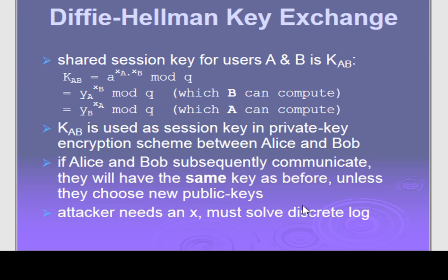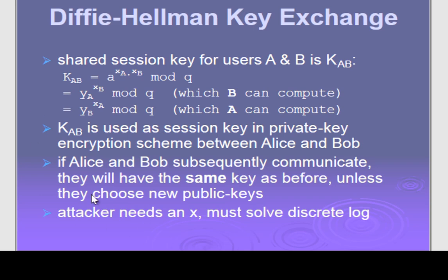Repeatedly, if they have to communicate, they can use the same session key which they have now distributed. But if they want to change, they can change the value of the public key and private key, the key also changes, and they can produce the same key value between A and B.